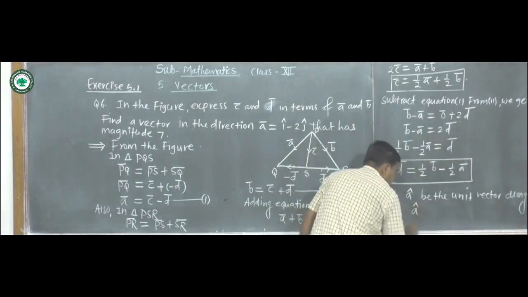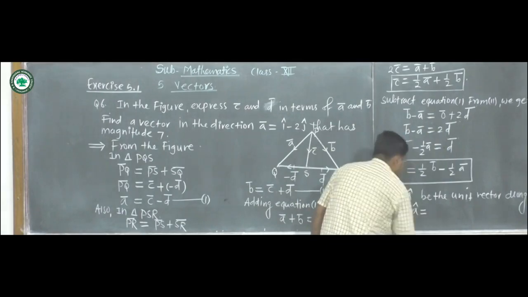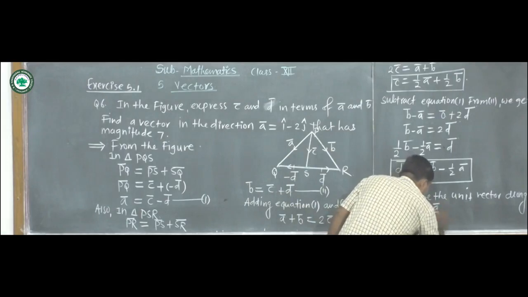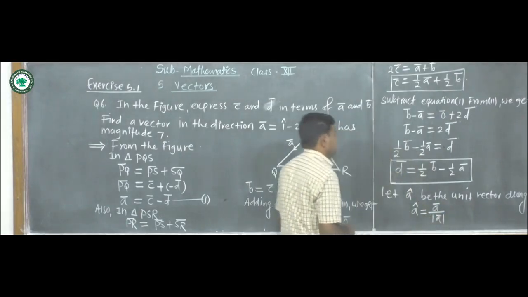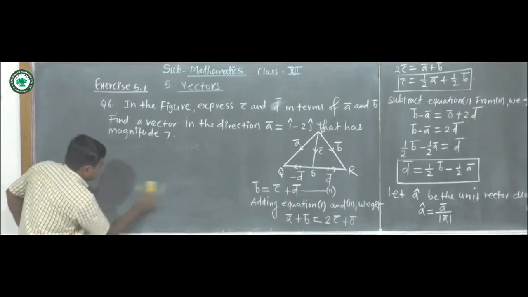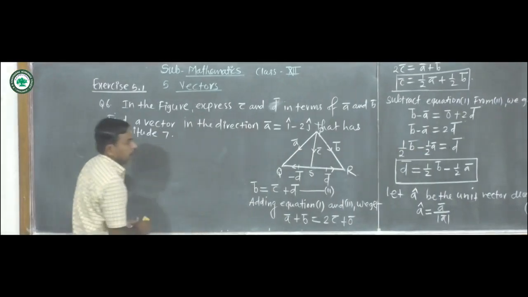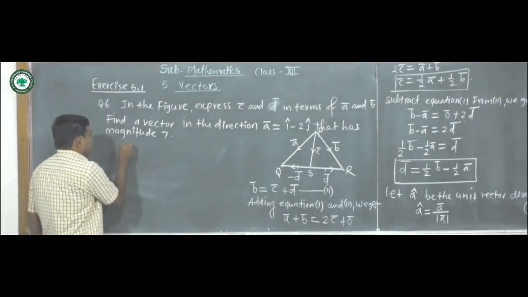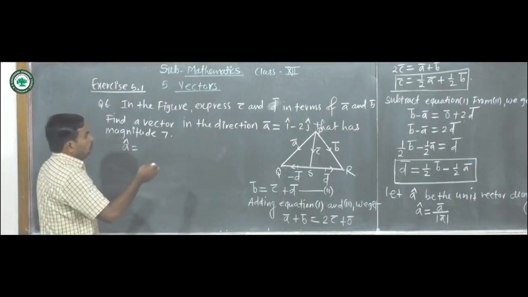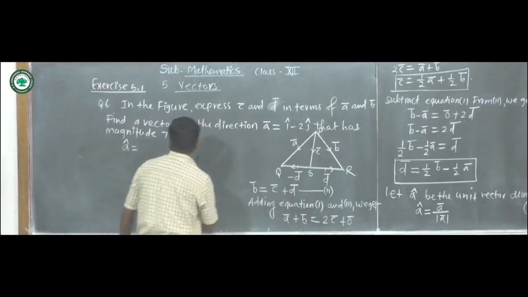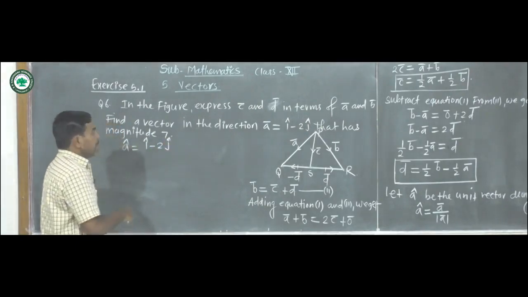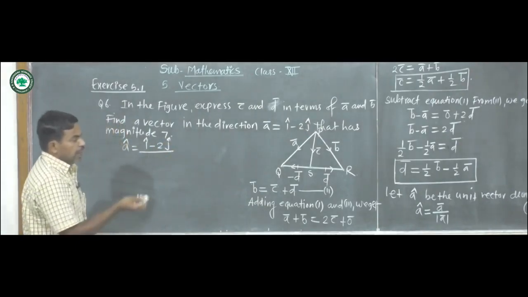Therefore, we have the formula for unit vector, that is a cap is equal to vector a divided by magnitude of vector a. So here a cap is equal to vector a. What is vector a? I cap minus 2j cap divided by magnitude of vector a.